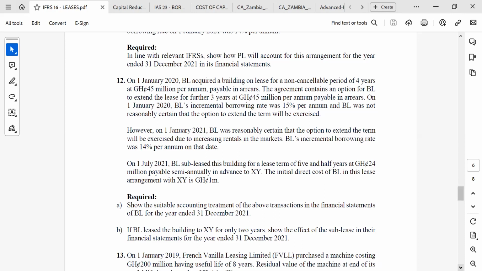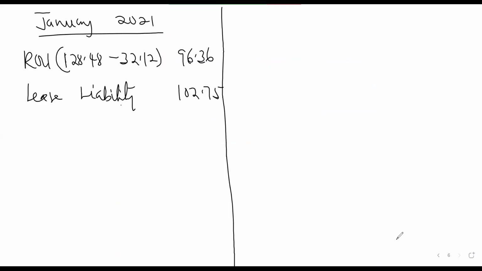It means that the lease liability that we have for 3 years will not be the same as for 6 years. This figure over here is for 3 years, but we are now going to extend the lease liability for an additional 3 years. So we have to calculate the 3 years and also add it.